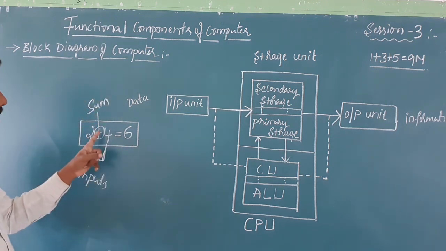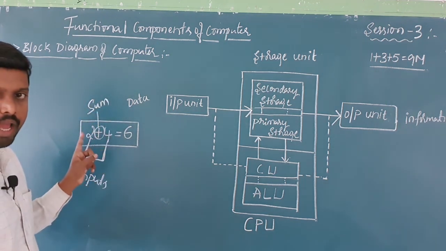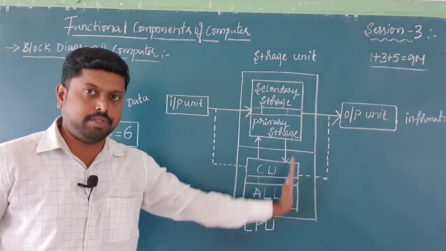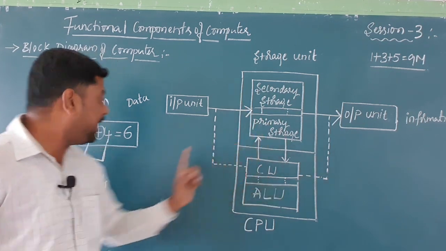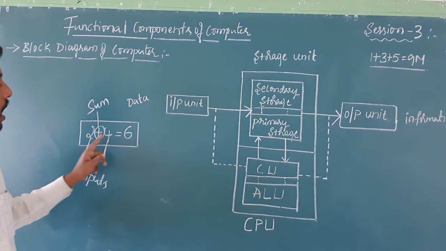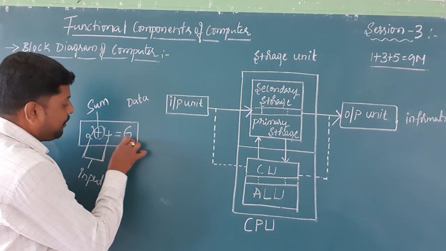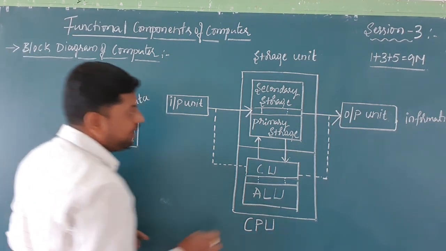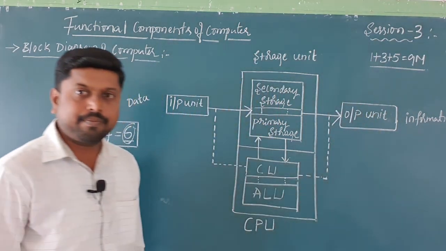Correct? Addition. So this is what we call the processing unit. Inside the storage unit or central processing unit, all the processing of this operation is done. And after processing, the calculator will give the result, that is equal to 6. So the 6 is the output unit.